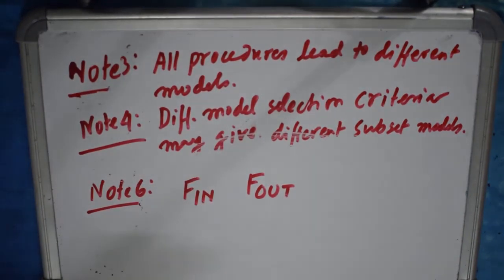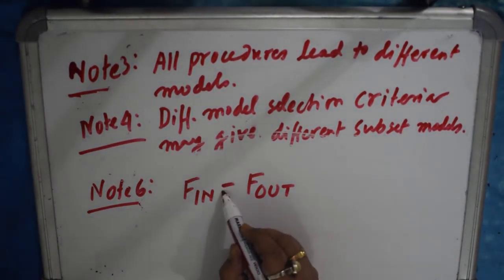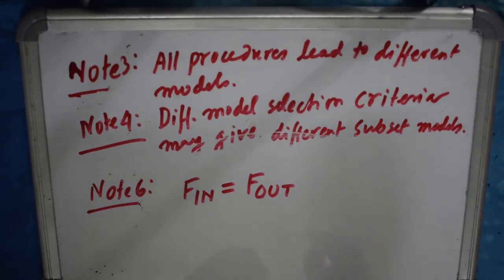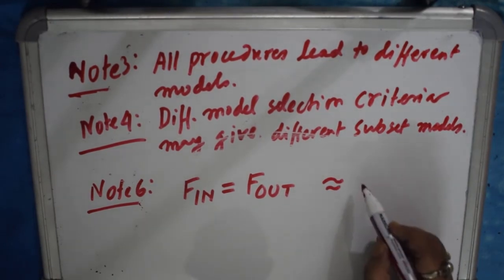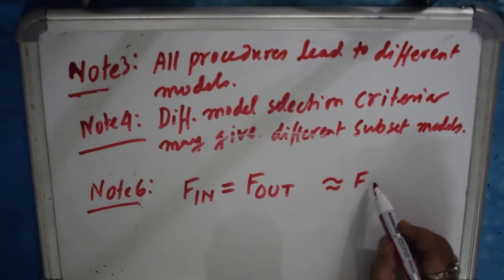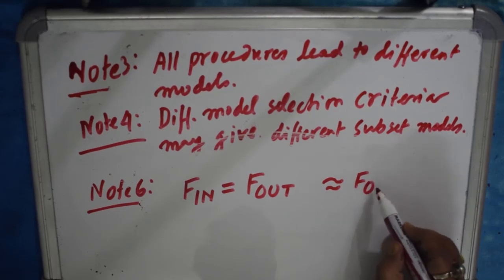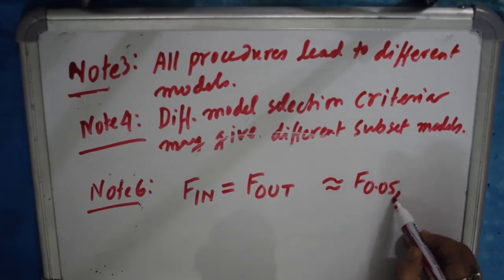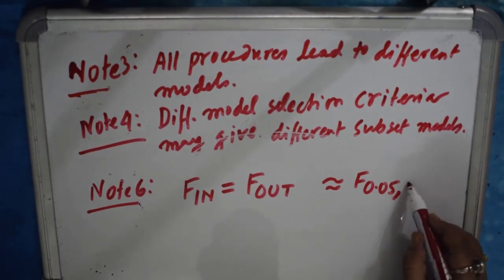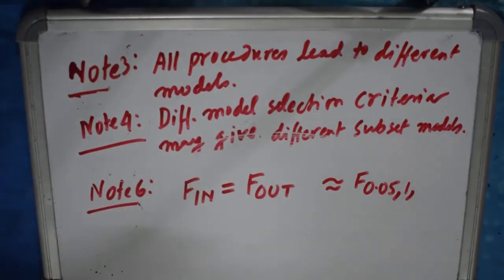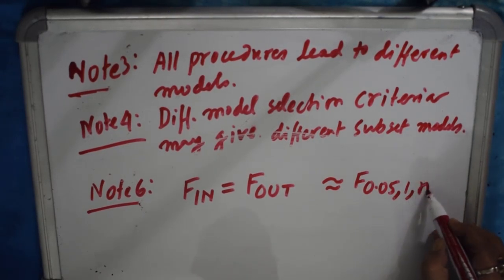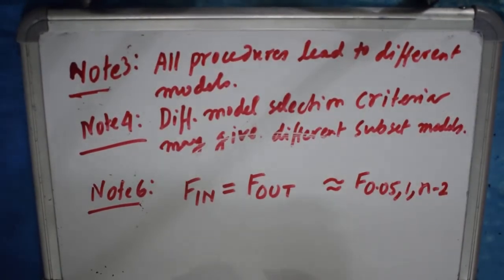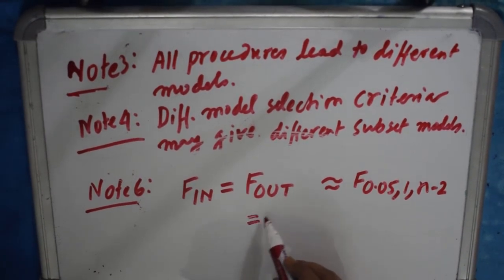Generally, we choose F in equal to F out very close to F 0.05, 1 comma n minus 2, or approximately 4.